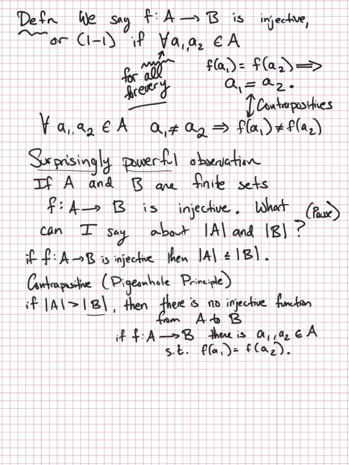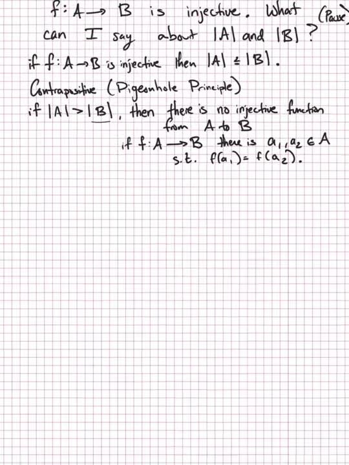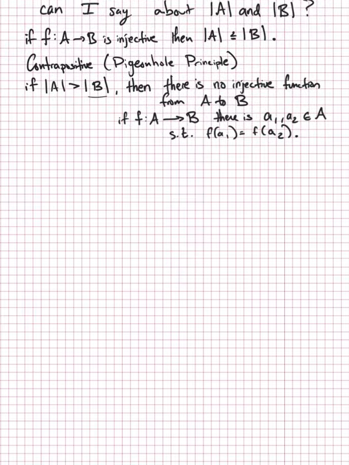So let me give you a not so obvious application of this. I think you can Google or go on Wikipedia for many more applications of this. So suppose you are at a party, or suppose there is a party.